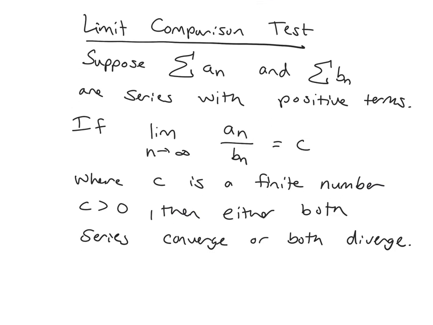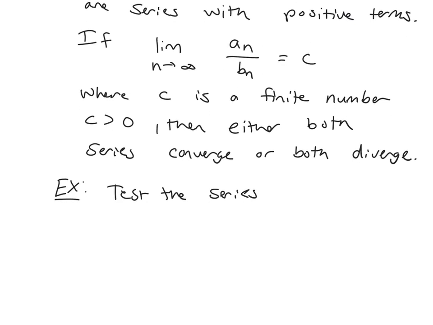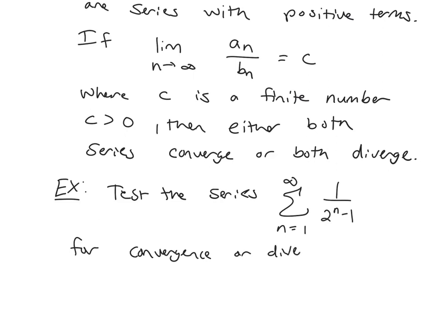All right, so let's do an example of a place where I would use the limit comparison test. Test the series, n equals 1 to infinity, 1 over 2 to the n minus 1, for convergence or divergence.